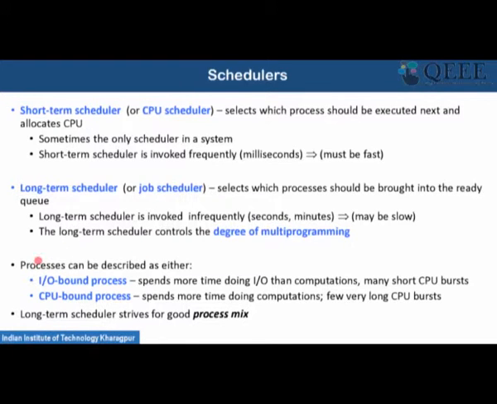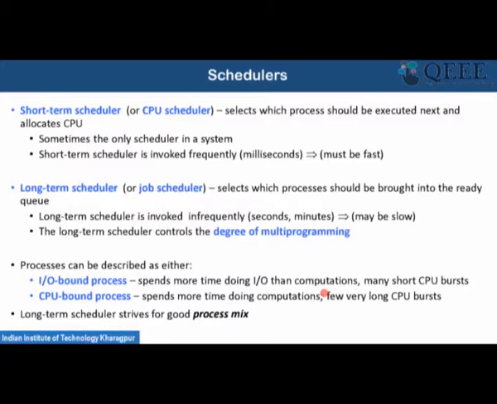The processes that we execute in a system can be broadly classified into two types. Either it can be an IO bound process. An IO bound process spends more time doing input output operations than computation.